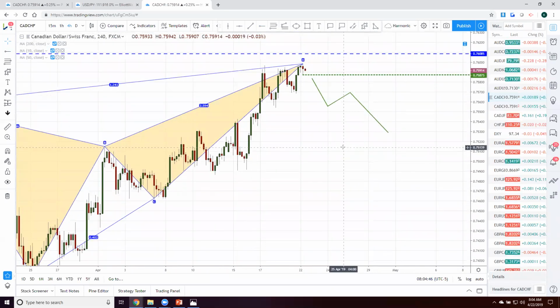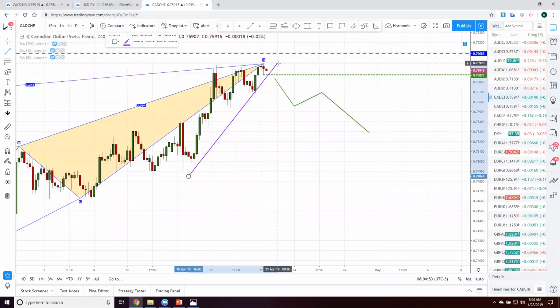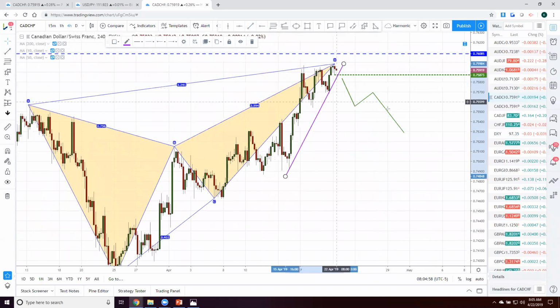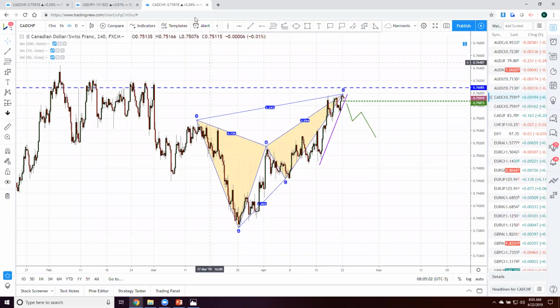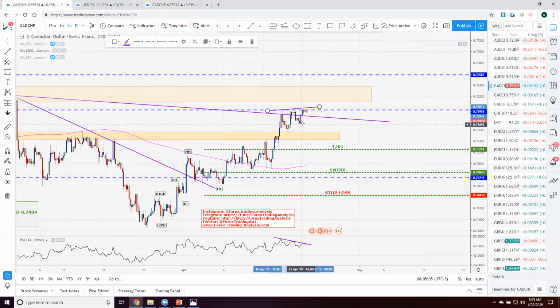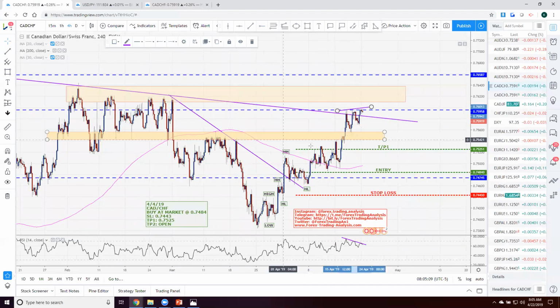All depends on how a trader likes to trade, their risk and reward tolerances and such. Break below this trend line. You could also trade before it went down there. So different things to look at. Just something to be aware of, that we're looking for a potential bearish move here. At least it could be just down to that support zone here at the 75-60 area.